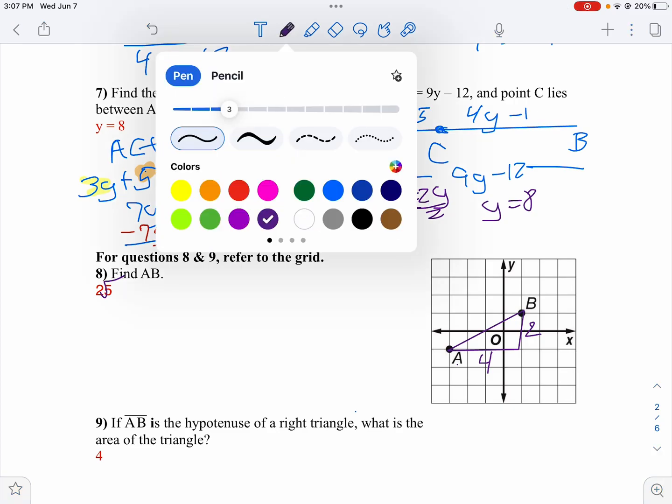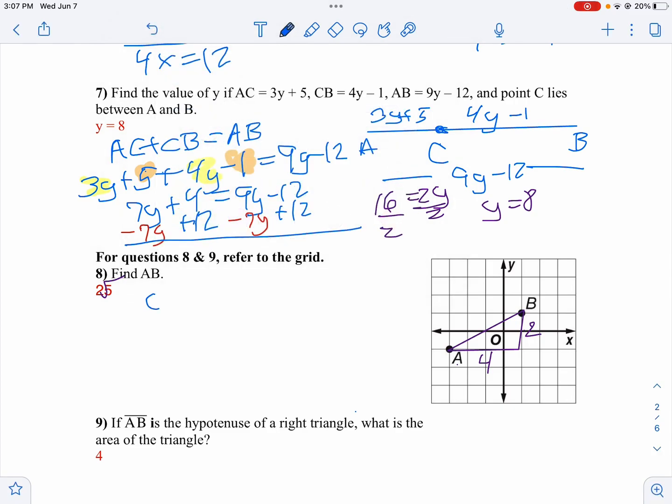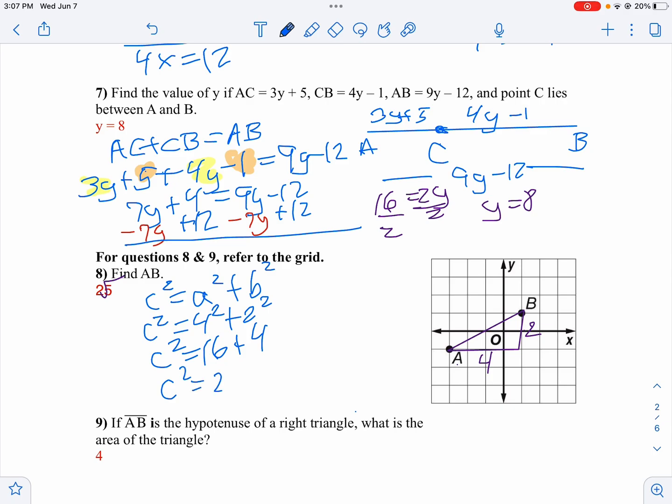So in other words, if I use the Pythagorean theorem, c squared equals a squared plus b squared, or c squared equals 4 squared plus 2 squared. c squared would be 16 plus 4. c squared is 20.